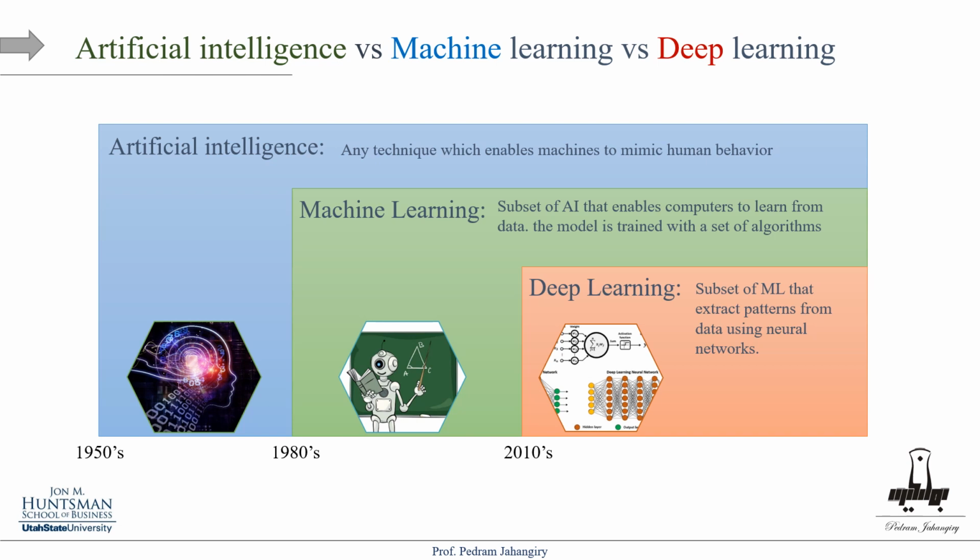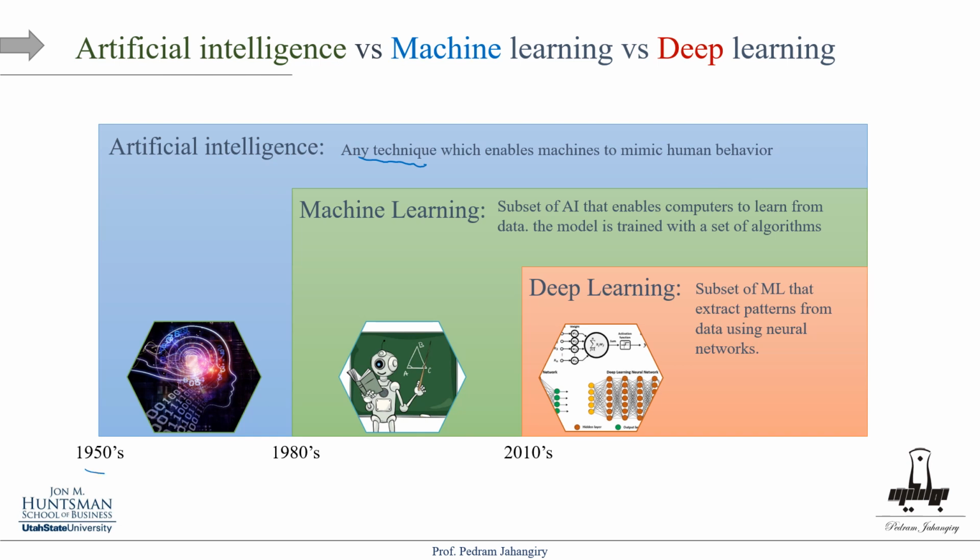But if this intelligence is engineered and done by machines, we call it artificial intelligence, right? So artificial intelligence is any technique which enables machines to mimic human behavior. As you can guess, this is a difficult task. The theory was, actually, nothing new.